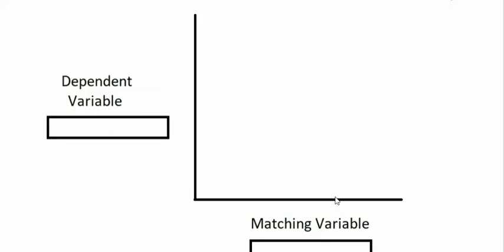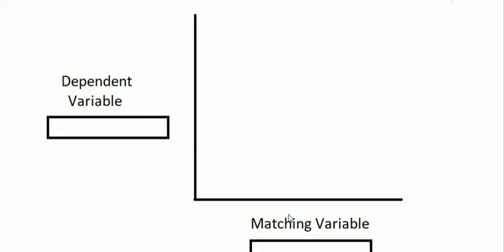Before I get to the follow-up questions, I'll give a quick simple explanation of why this correlation matters between the matching variable and the dependent variable. If they are strongly correlated, it shows that the matching variable has something to do with the dependent variable, right?